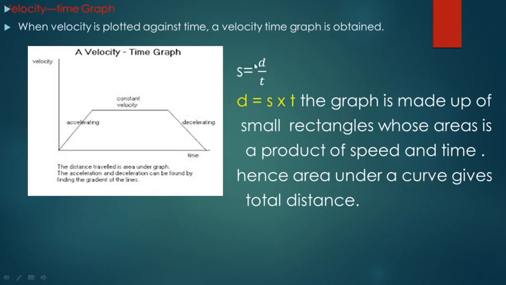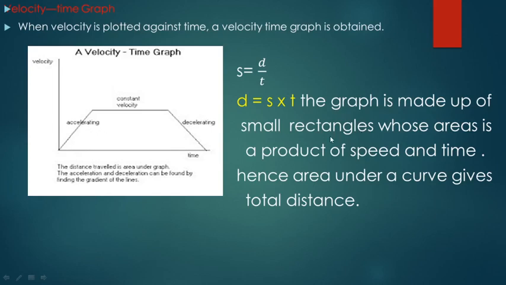So you realize that speed is equal to distance over time taken, and therefore distance equals speed times time. So the graph is made up of small rectangles. If you divide this one and this one, we shall have a big rectangle here. And then if you divide this triangle, you can have small rectangles.